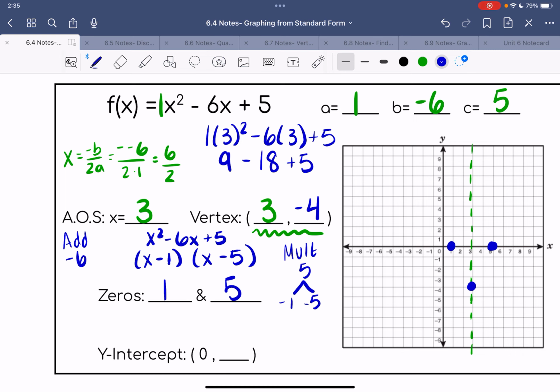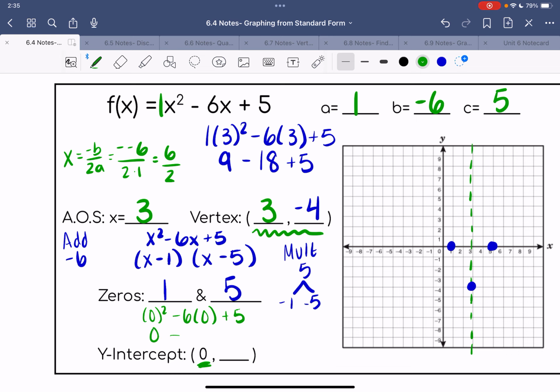Okay, the last thing that we're going to do is find our y-intercept and graph it. So our y-intercept is always going to be our c value. On this first problem, I want to show you why it's our c value. If I were to plug in 0 for my x value, I would do 0 squared minus 6 times 0 plus 5. Well, 0 squared is 0.